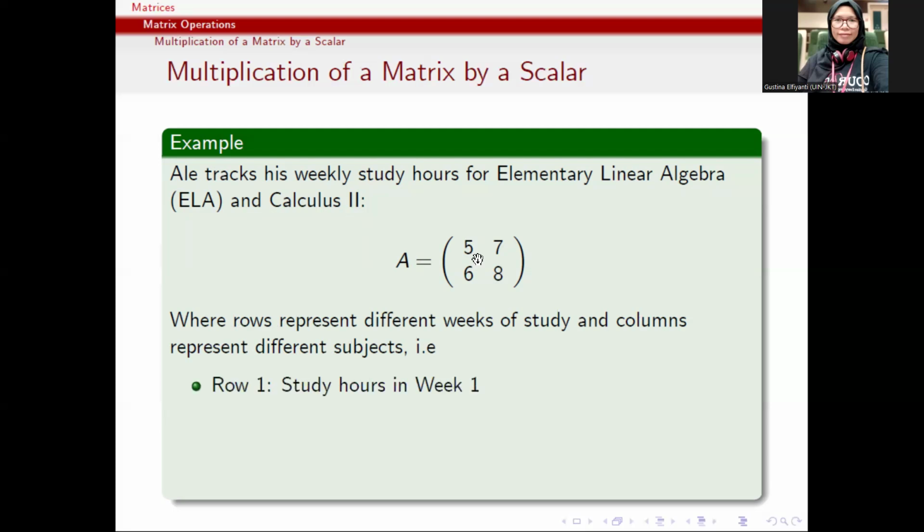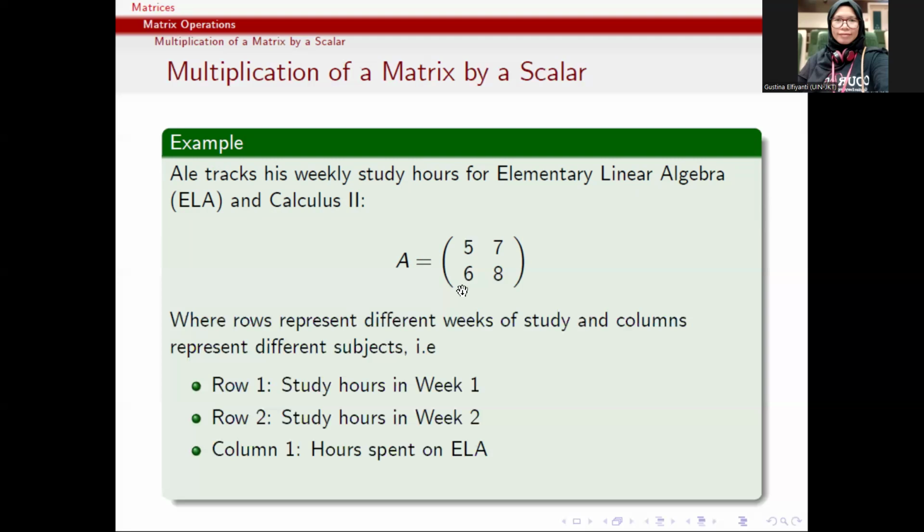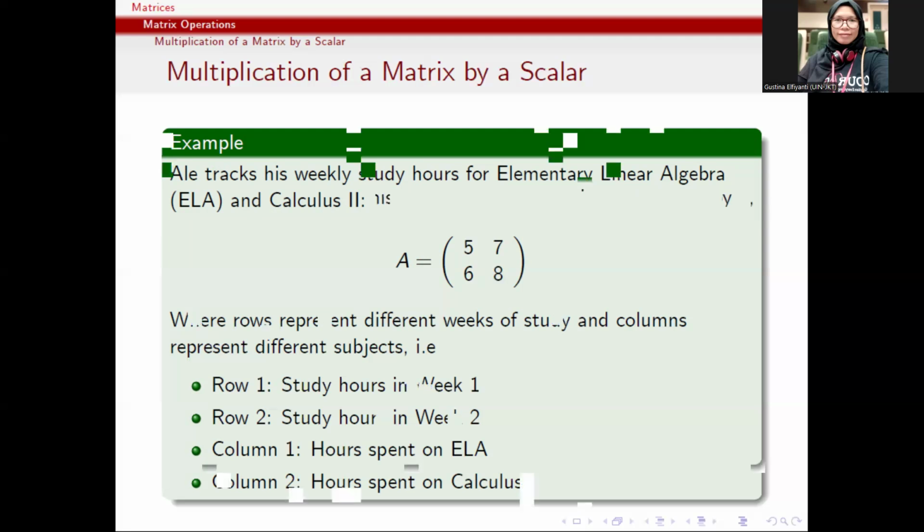Row 1 is study hours in week 1 and row 2 is study hours in week 2. Column 1 is hours spent on elementary linear algebra, and column 2 means hours spent on calculus 2.